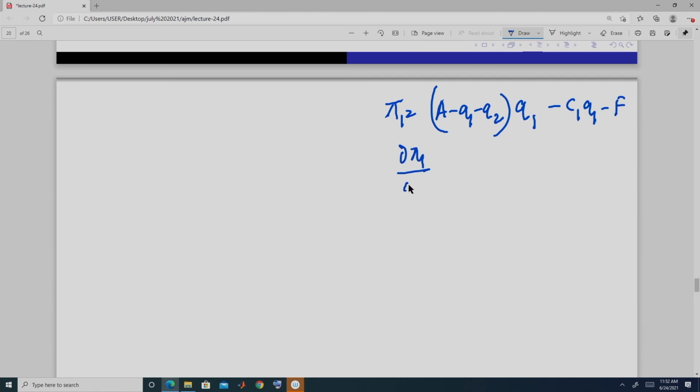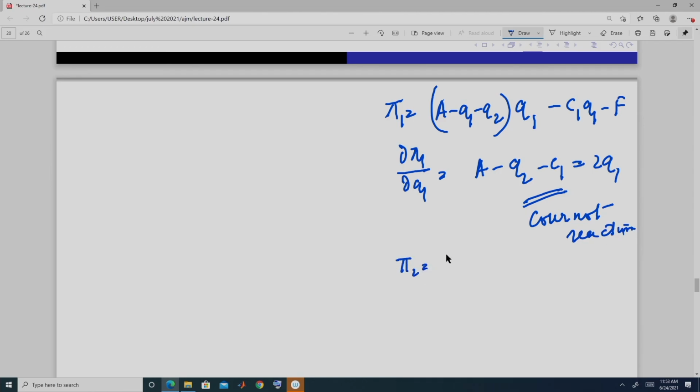If we simply do this, this is the Cournot reaction function, and for firm 2, this.